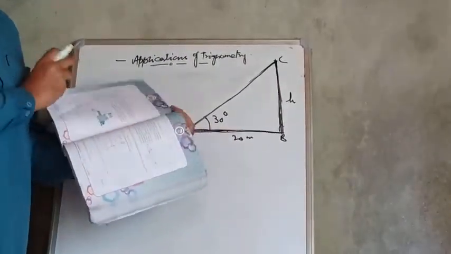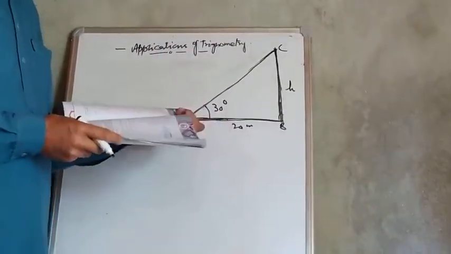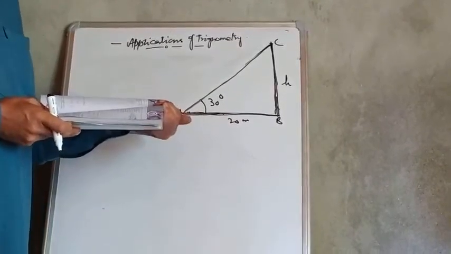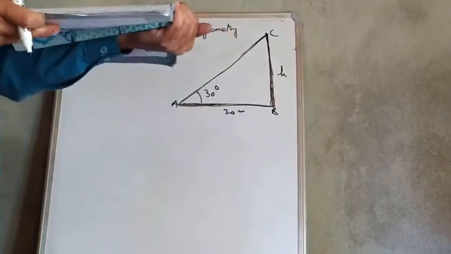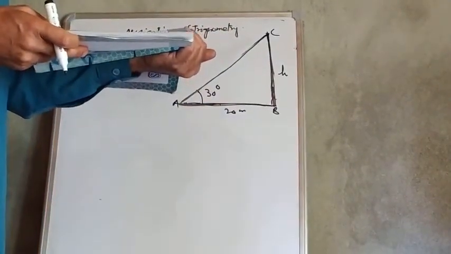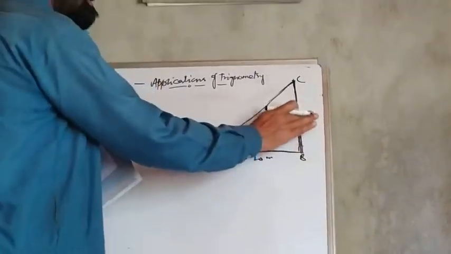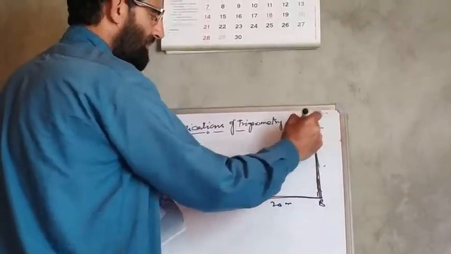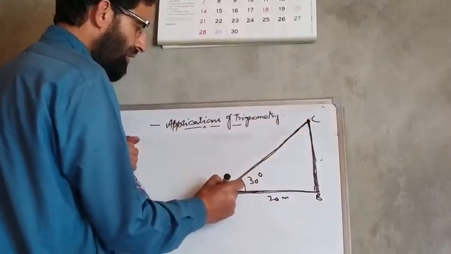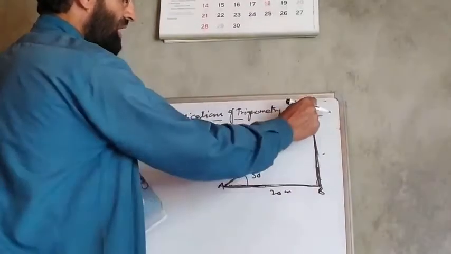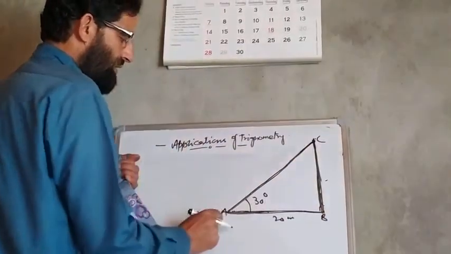So question number 1 of your mathematics exercise number 9.1. A circus artist is climbing a 20-meter long rope which is tightly stretched and tied from the top of the vertical pole to the ground. Now again, suppose this BC is the vertical pole and this is the rope which is tied from the top of this pole to the ground.